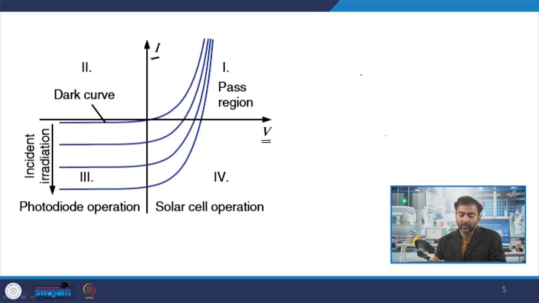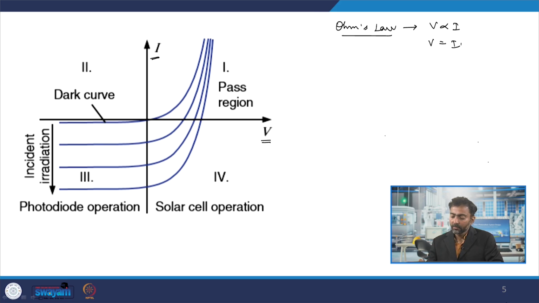Every one of you must have studied in your school days the good old Ohm's law. Ohm's law states that voltage is proportional to the current across a particular conductor, and we call the proportionality constant the resistance. So V equals IR, where R is the resistance.